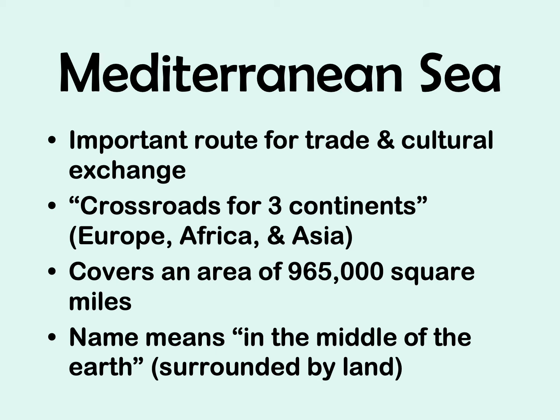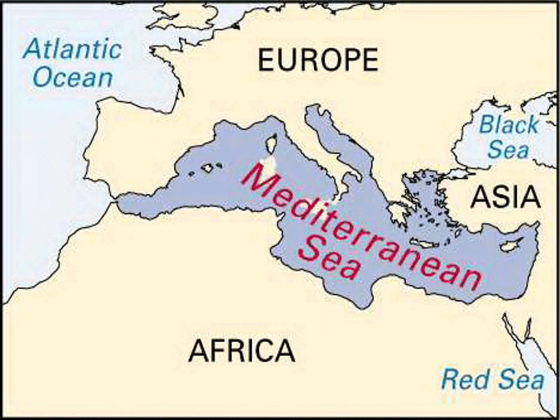So this is going to be a huge sea. The name means in the middle of the earth, surrounded by land, and we know that it's surrounded by Europe, Africa, and Asia. Here is that little picture. We see Europe up at the top, Africa down below, and Asia to the right. And then we have the Mediterranean Sea just kind of chilling right in the middle of that.